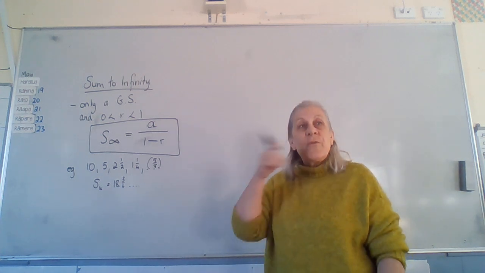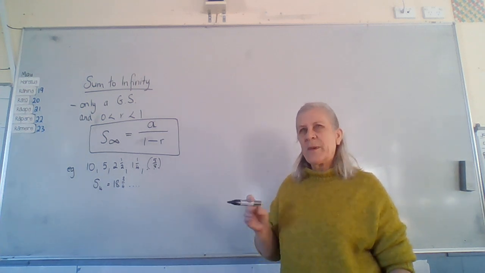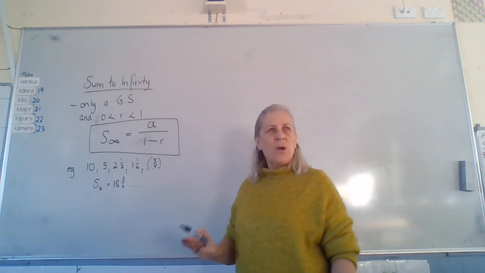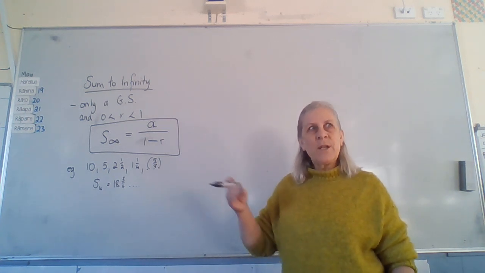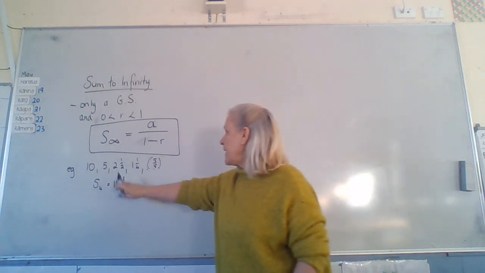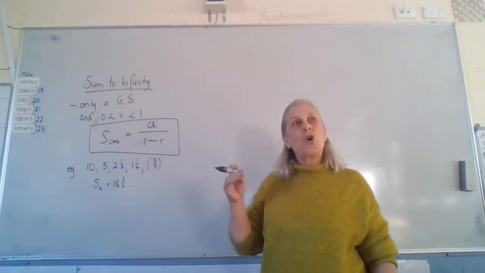So, from even the first 4 terms, we can kind of see where this is going. Where do you think that sum to infinity is going to be? What number do you think, no matter how many of these we add up, we're not going to get to?